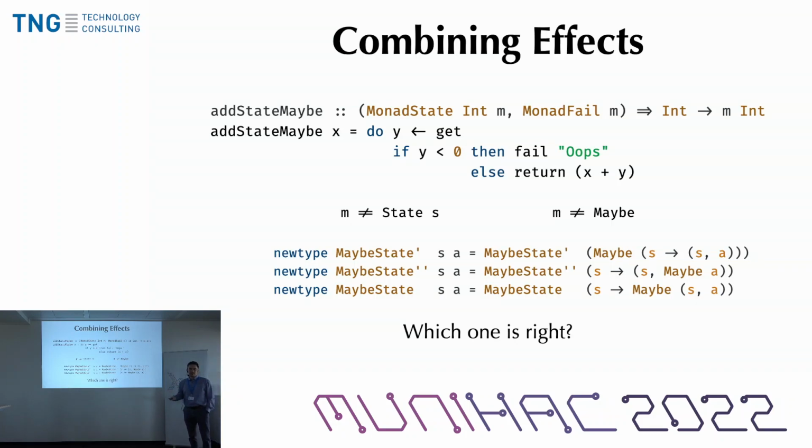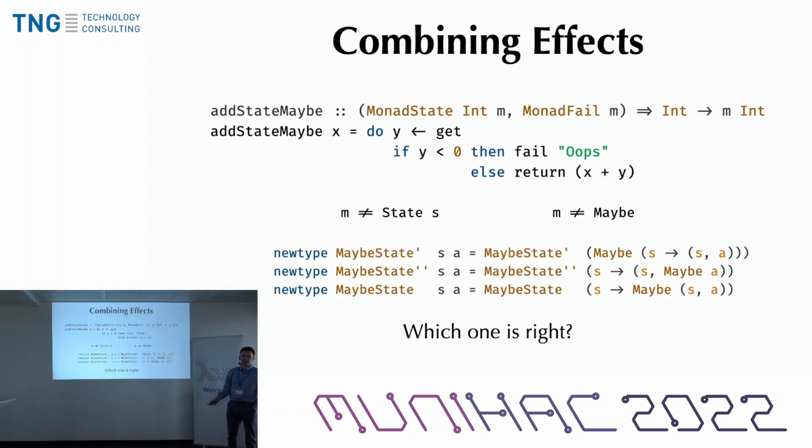Maybe we would have done something like increment the y as well and put something back. It doesn't really matter, but the point I'm trying to make here is that we're working inside some additional effect system where we've got some get operations in play as well. And maybe things fail too, so we've got MonadState and MonadFail. Now, the M that we have here neither instantiates to the State monad, nor does it instantiate to the Maybe monad.